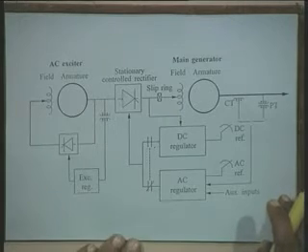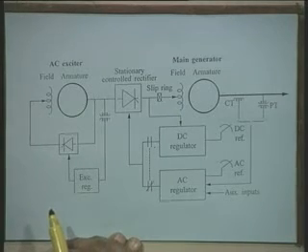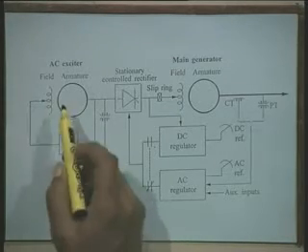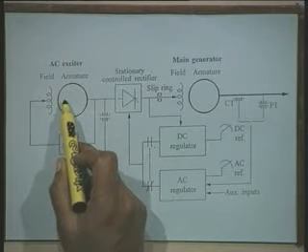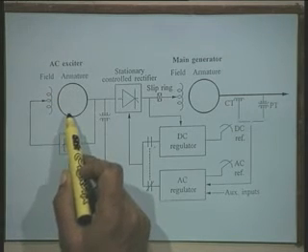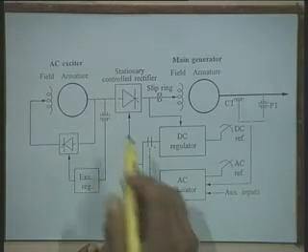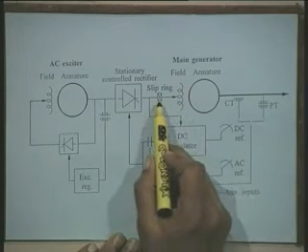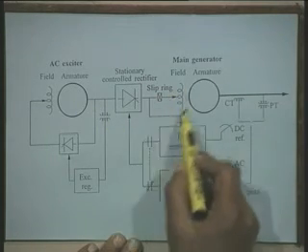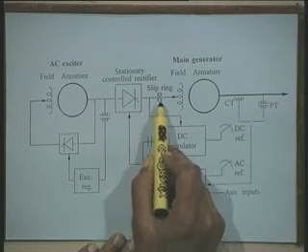Now, in these two arrangements which we discussed for the AC exciters, the armature of the AC exciter is stationary and field system is rotating, while the field of the synchronous generator is getting its supply through slip rings.